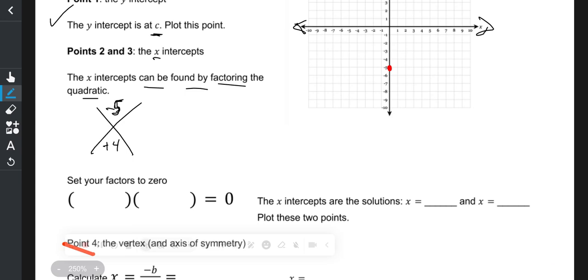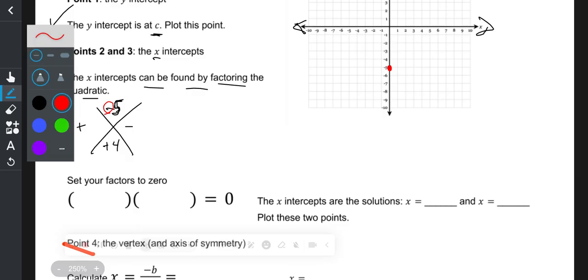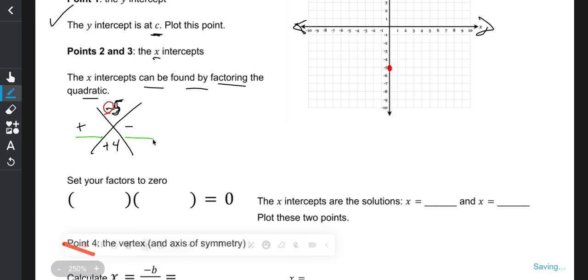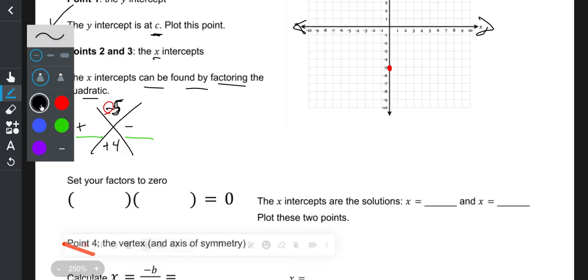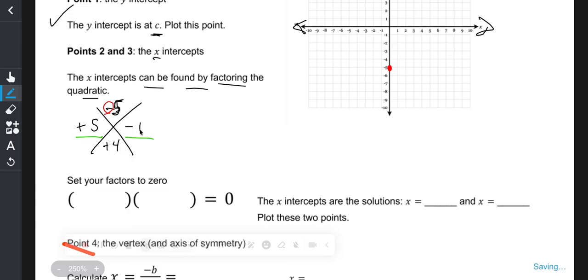And they have to have different signs. Why? Because it's -5, so we have to multiply two things with different signs. But these two numbers, remember, have to add to +4. So that answer is going to be +5 and -1.